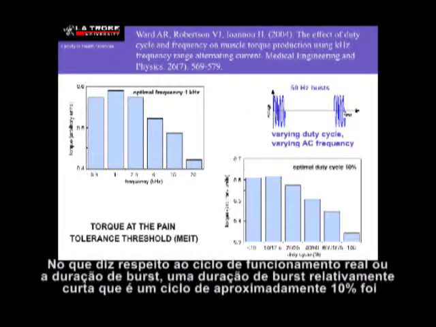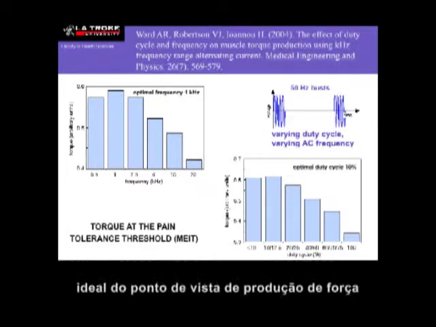And as far as the actual duty cycle or burst duration is concerned, a relatively short burst duration, that is a duty cycle of around 10% or so, was optimal from the point of view of force production.